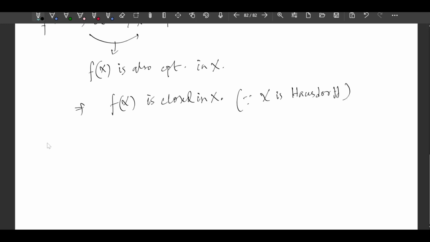Now I mentioned a lemma, right? The lemma was: distance of a comma capital A equals 0 if and only if a belongs to the closure of A. Now we will use this lemma. Now we have a does not belong to f of X, right?